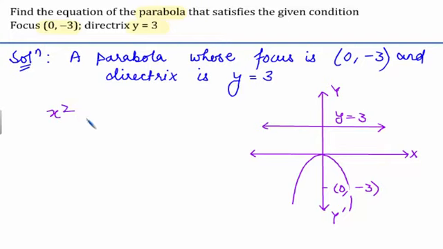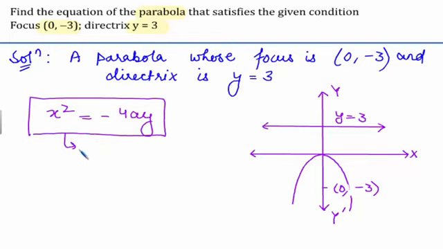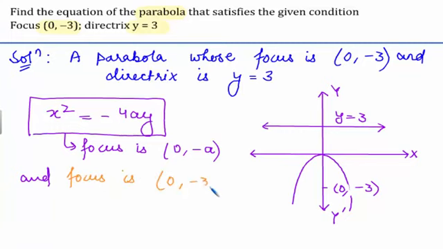Now we know that for this parabola, the focus is (0, -a). We are given that here in this case the focus is (0, -3). So on comparing the focuses, we see that a is equal to 3.